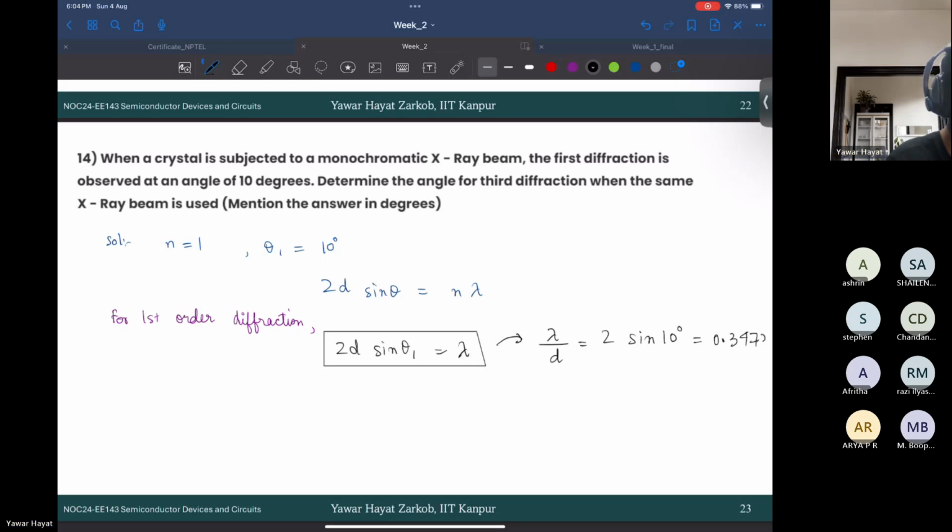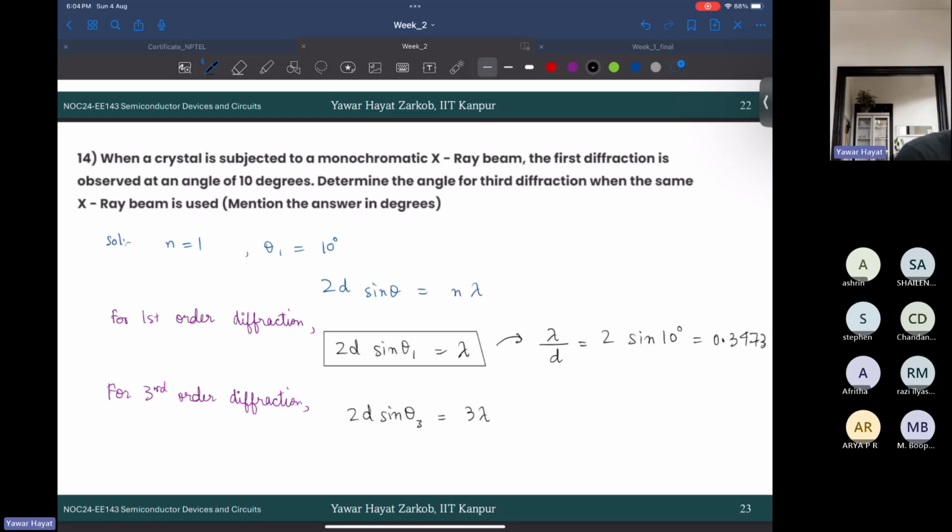As the two students pointed out, it turns out to be 0.3473. Now let me write for third order diffraction: 2d sine theta 3 is equal to n times lambda. n would be 3, so it is 3 lambda.